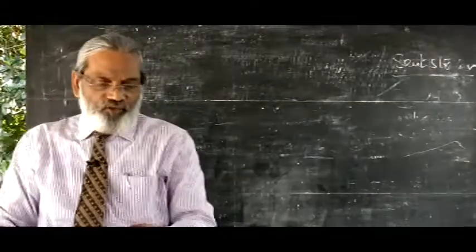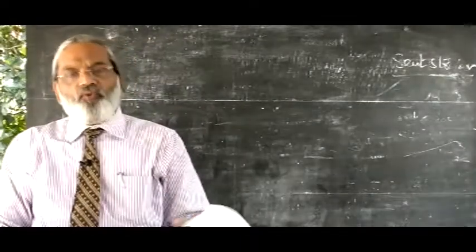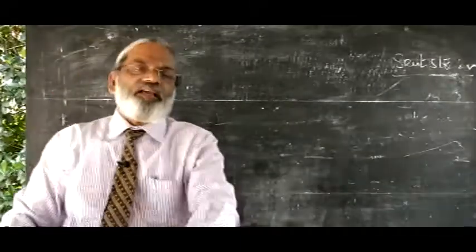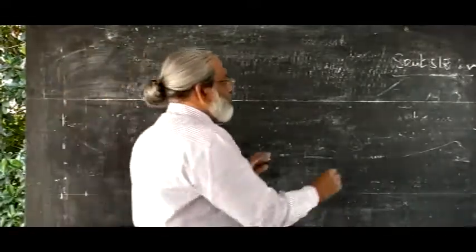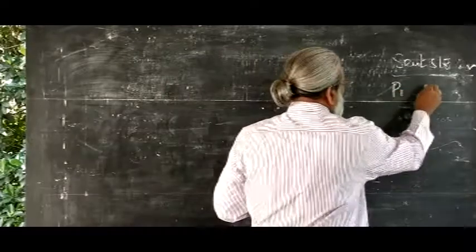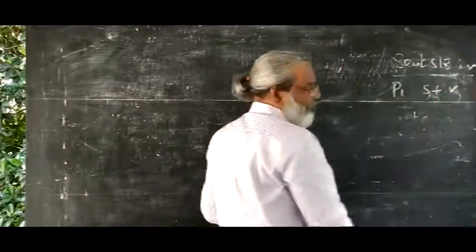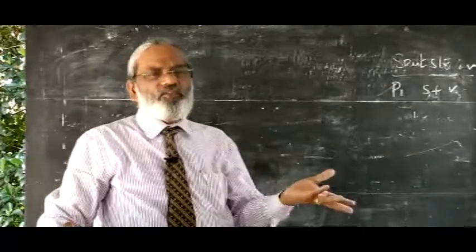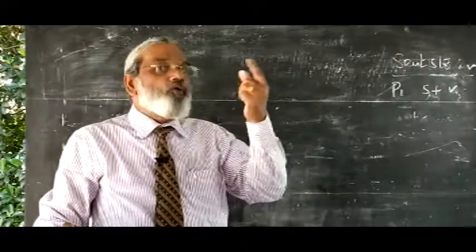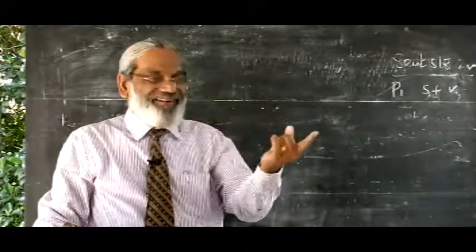Again, basically they tell you to study 6 important patterns. Pattern number 1, S plus V. First we will take S plus V plus O. Without an object, a sentence may still be correct.